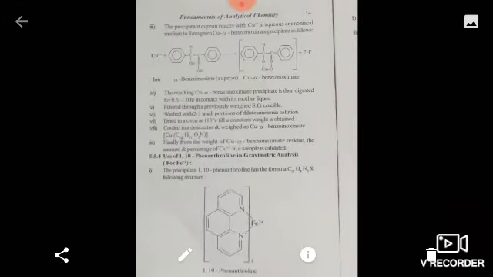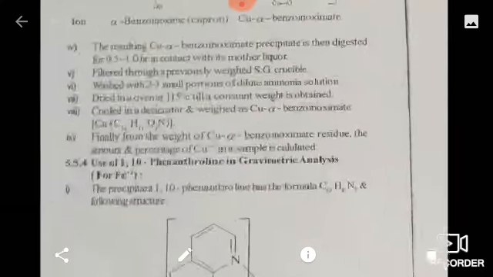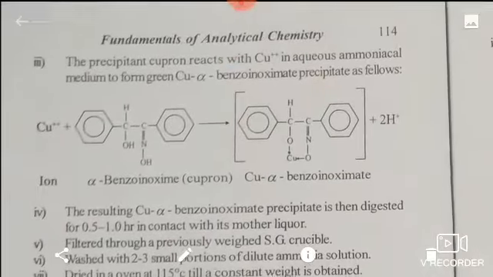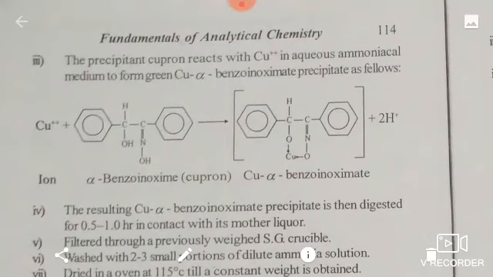So the reaction is that the precipitant cupron reacts with the copper ion in an aqueous ammoniacal medium to form a green Cu alpha benzoin oximate precipitate as follows.